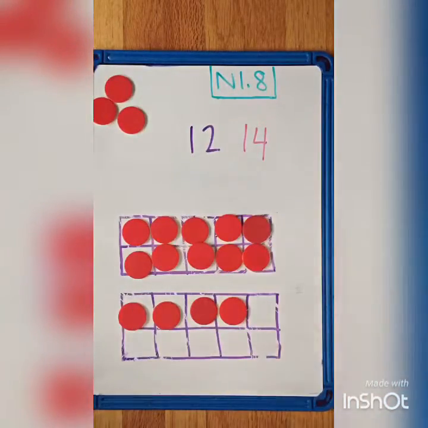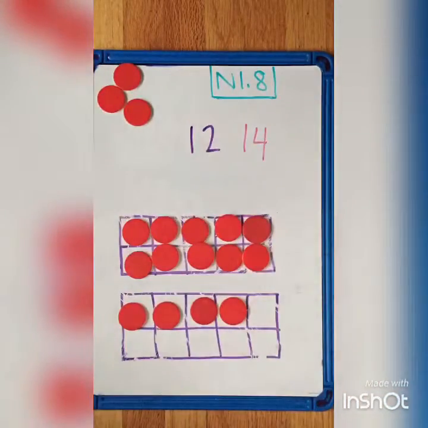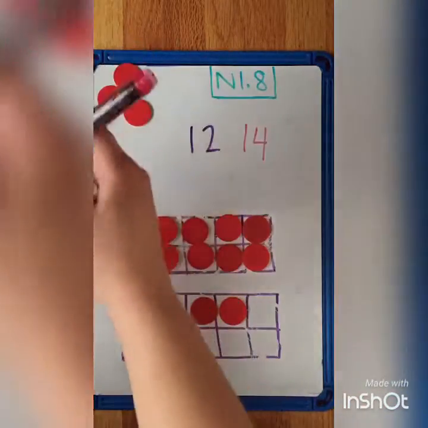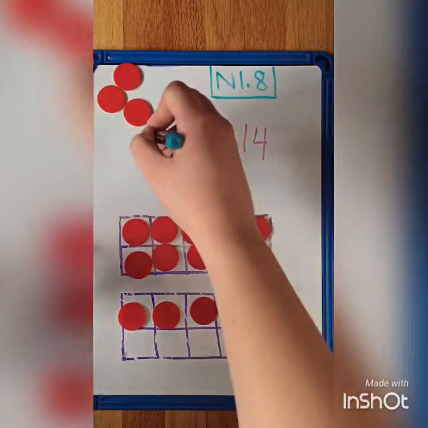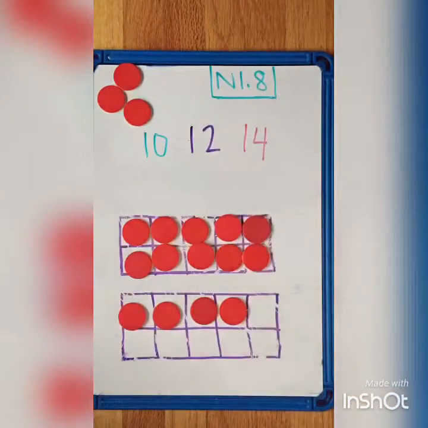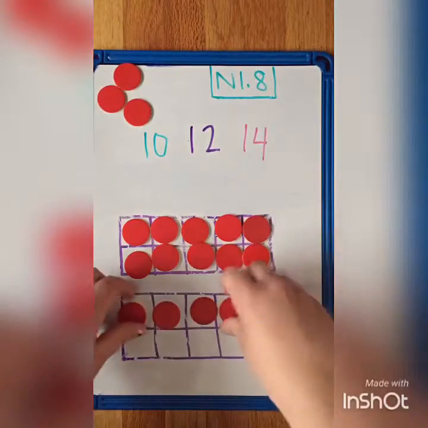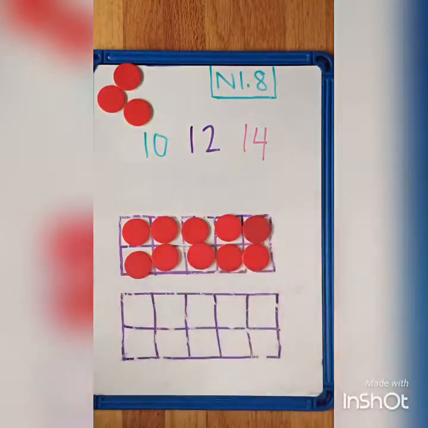Next, you would ask what number was 2 numbers less, which would be 10. And you would get them to show that again on the 10 frame, just like that.